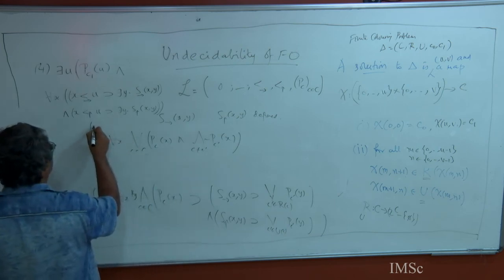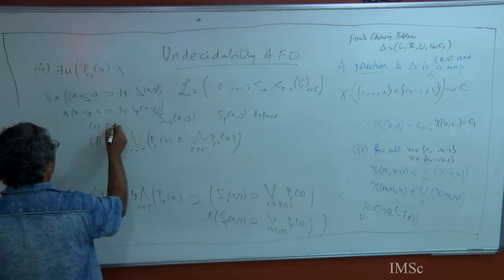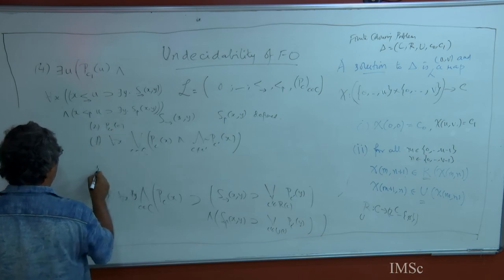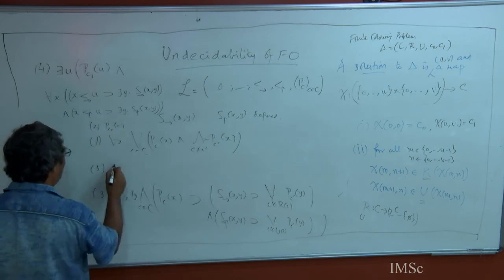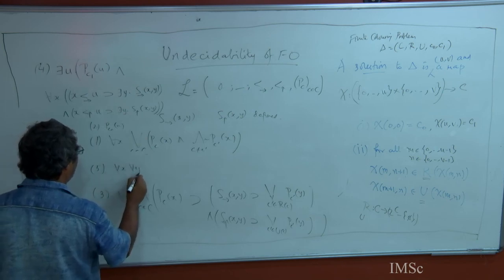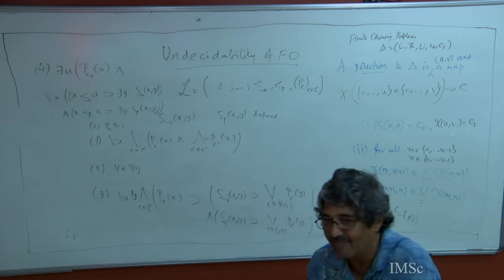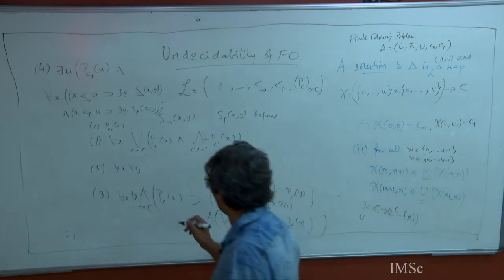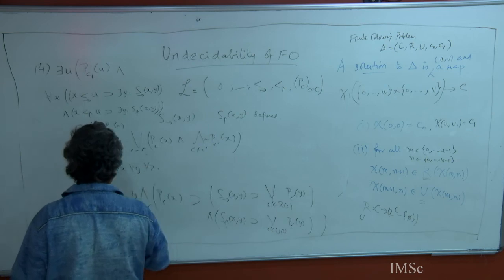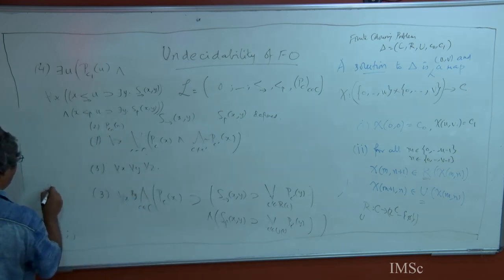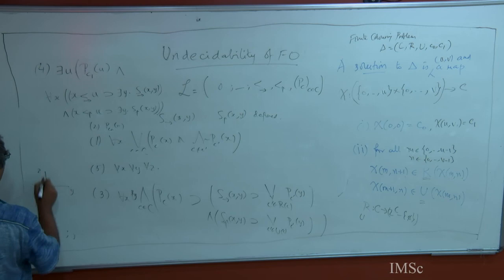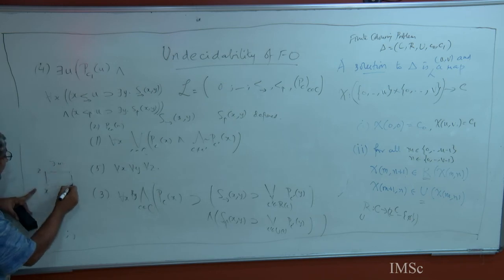So I'll write it as 5. For all x, for all y. Yeah. If I am sitting here at any point of time, for all x, for all y, for all z, this is what I want to say. If I am sitting here at x, and to the right I see y, and up above I see z, then there exists a w such that these two come together.